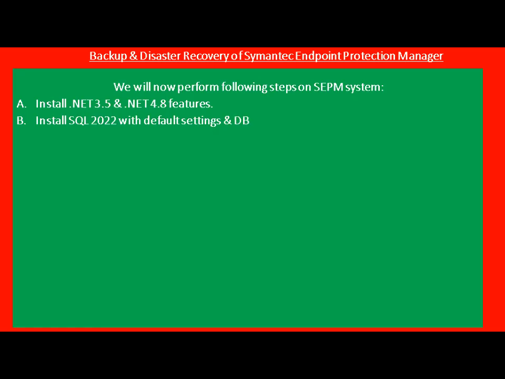Now here comes the real recovery of your SEPM management server. So we will now perform the following steps on the SEPM system. What are those steps? We will first install the .NET 3.5 and .NET 4.8 features. Then we will install our SQL 2022 with default database settings and DB feature set. Then we will do some SQL memory and DB configuration and service rights for our SEPM admin.